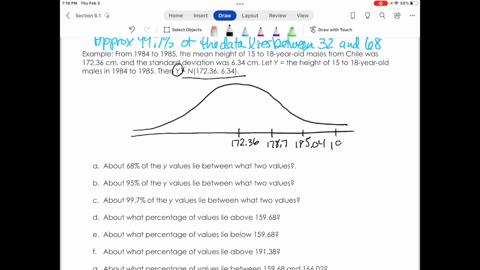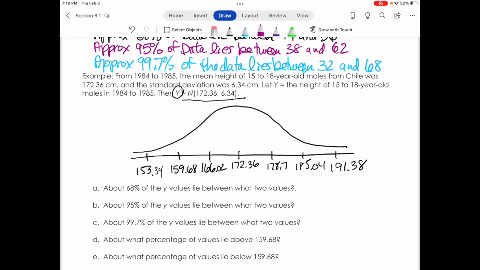And then one more time, that would give me 191.38. Now going in the other direction, I'm going to subtract 6.34. And that's going to give me 166.02. Then 159.68. And then 153.34.